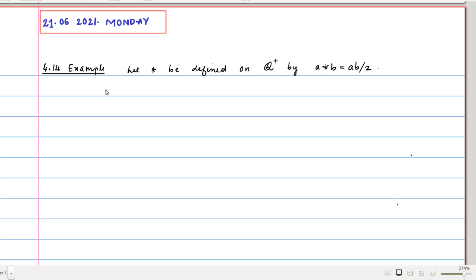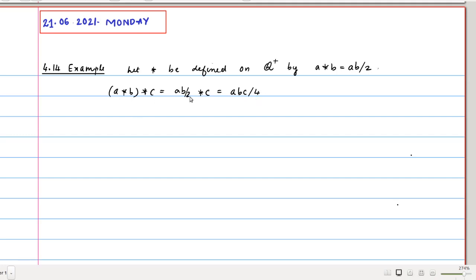Now let's verify the associativity property of the star by evaluating (a star b) star c. This is in fact ab by 2 star c, which is equal to abc divided by 4.